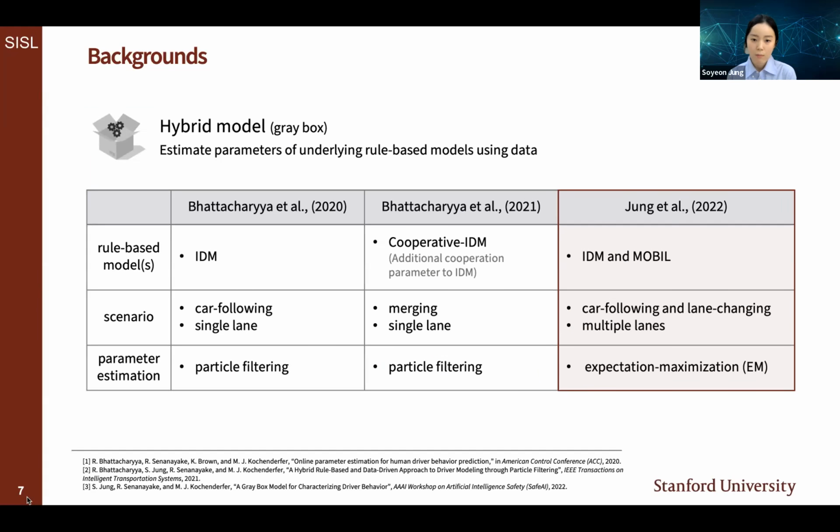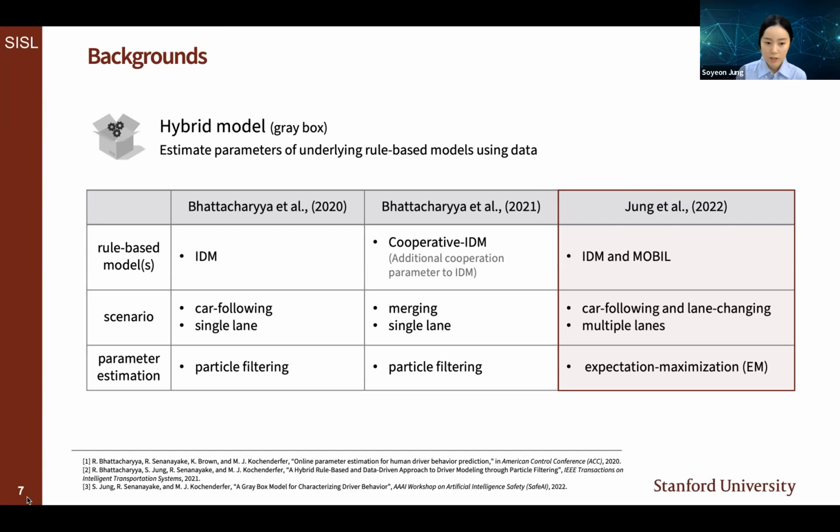I proposed a model that constructs a probabilistic latent variable model by combining two deterministic rule-based models, a car following model and a lane changing model. Then I used the expectation maximization, or EM algorithm, for the parameter estimation.